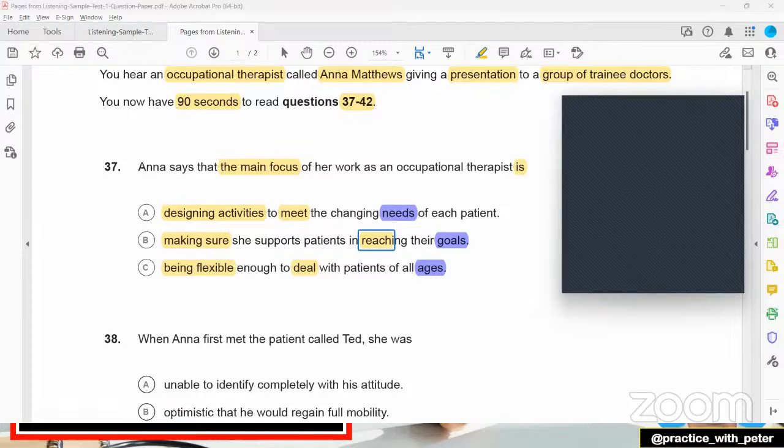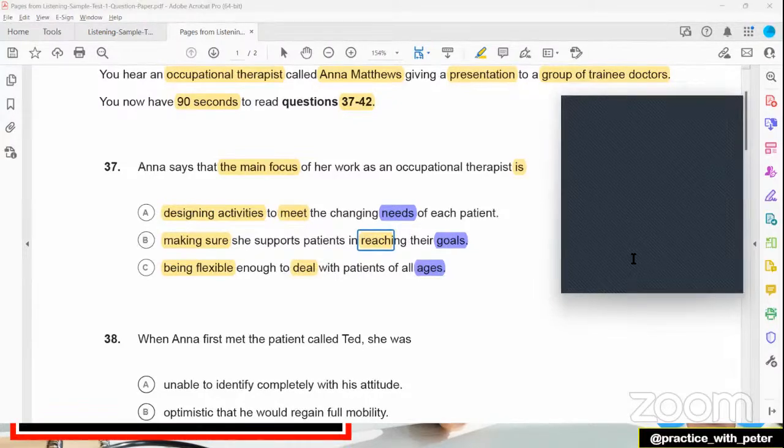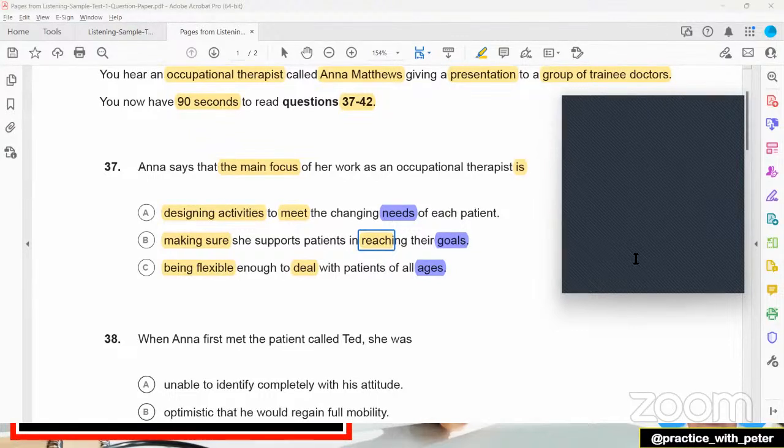Deal means manage, handle. Yeah. And next one.